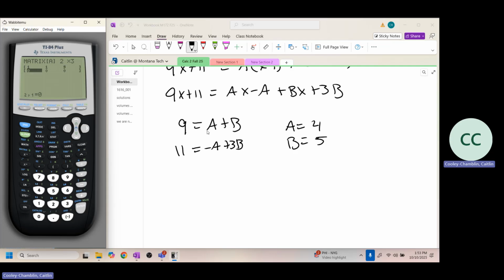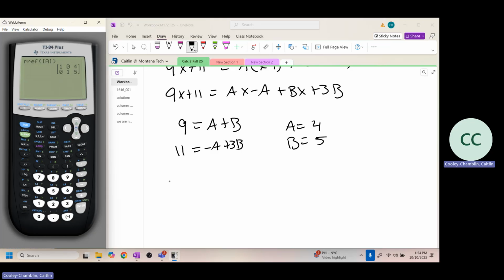So the number in front of the A is 1, the number in front of the B is 1, the number we're solving for is 9. So here we'll have negative 1, 3, and then 11. And you get out of this, so second quit. And then go back into matrix, math, and where is it? RREF, hit enter. Second matrix, A, close parenthesis, and enter. And so our A is 4, our B is 5.